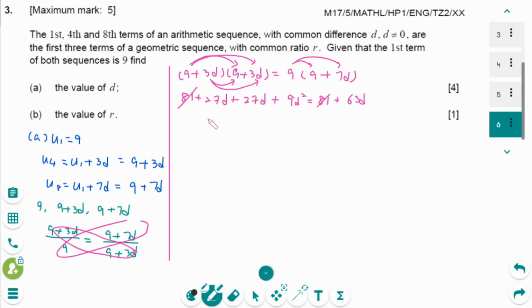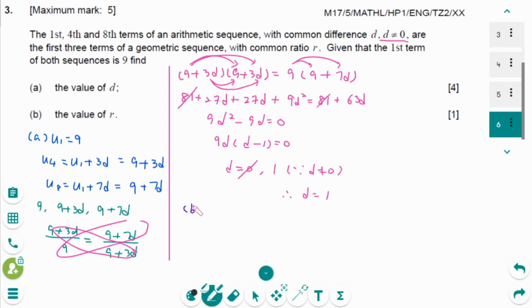Cancel. Then 9D squared minus 9D equals 0. We can factor: 9D times D minus 1 equals 0. So D equals 0 or 1. But 0 is not the answer because D cannot be 0. So the final answer is D equals 1.